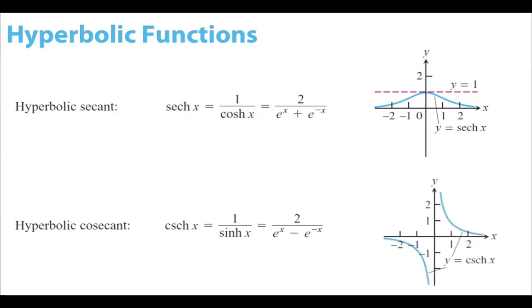So these are the graphs of hyperbolic secant and hyperbolic cosecant. So we introduced 6 important hyperbolic functions. Again, the use of these hyperbolic functions is later in integrals when you're using u-substitution to calculate the integral of different types of functions.